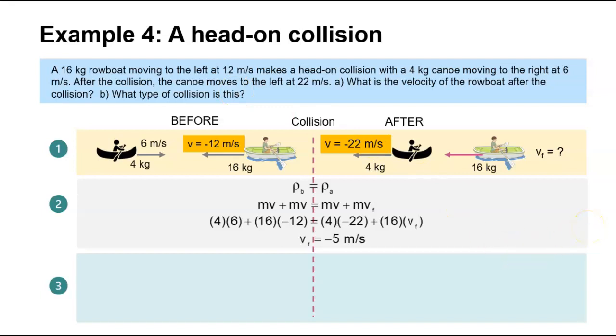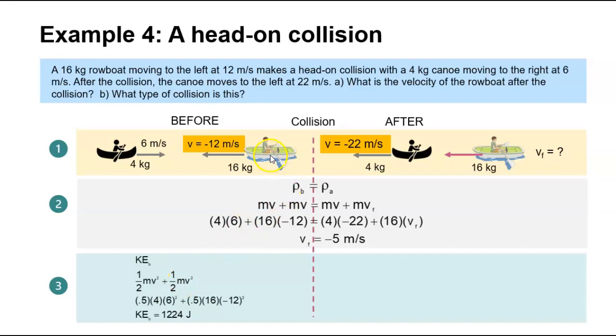All right, what type of collision is this? If the kinetic energy before equals the kinetic energy after, it would be elastic. If they don't equal, it's inelastic. In a physics problem, it could turn out to be elastic, even though that doesn't happen in real life. So let's check. The total kinetic energy is going to be made up of the kinetic energy of the canoe plus the kinetic energy of the rowboat. Two things. So I plugged in my numbers.